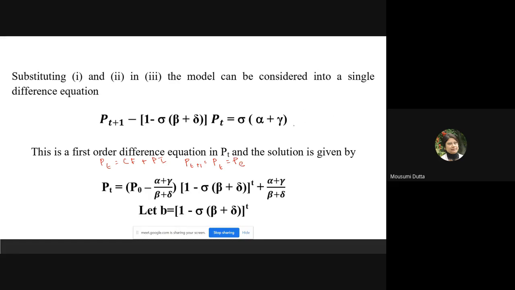Call this equation number 4. And this equation number 5. So substituting 5 in 4, find out PE.